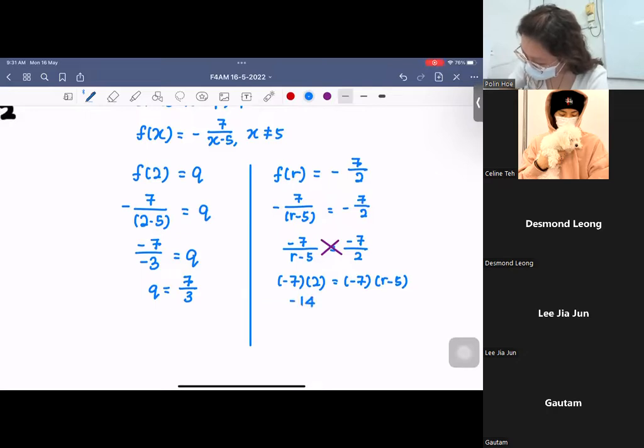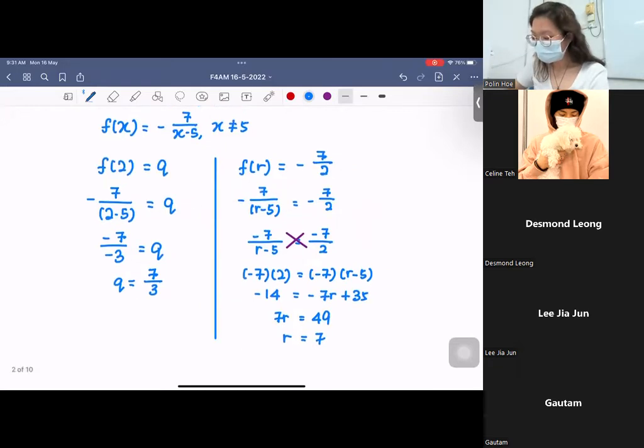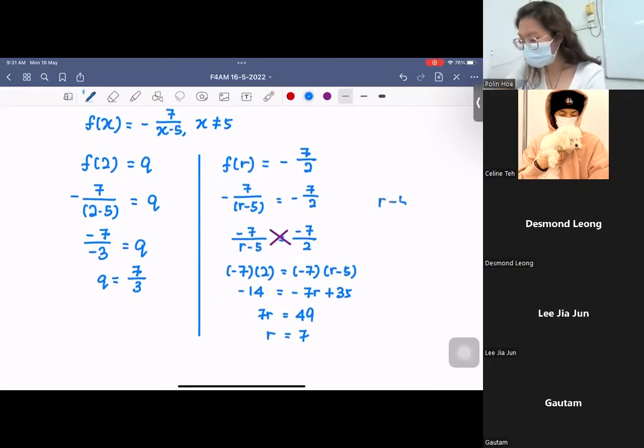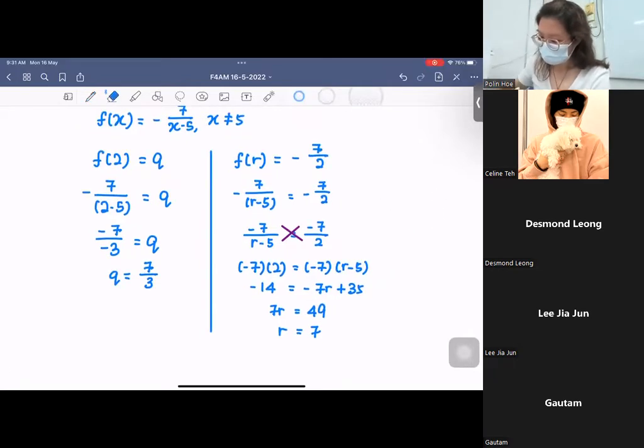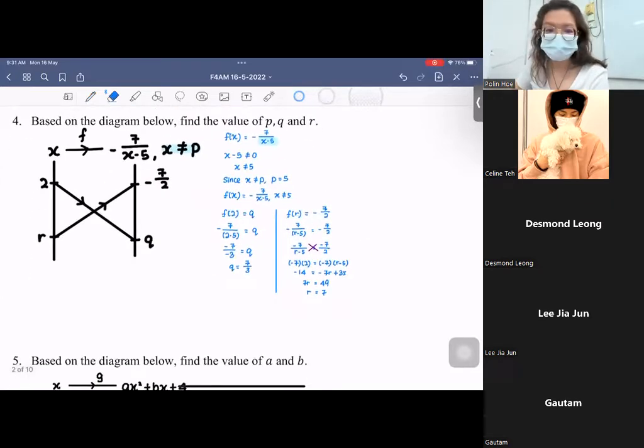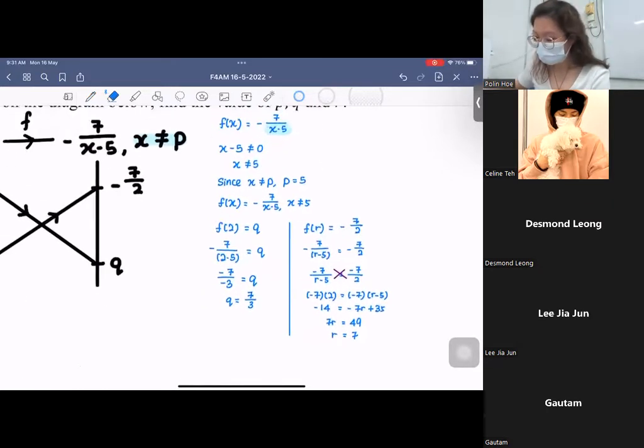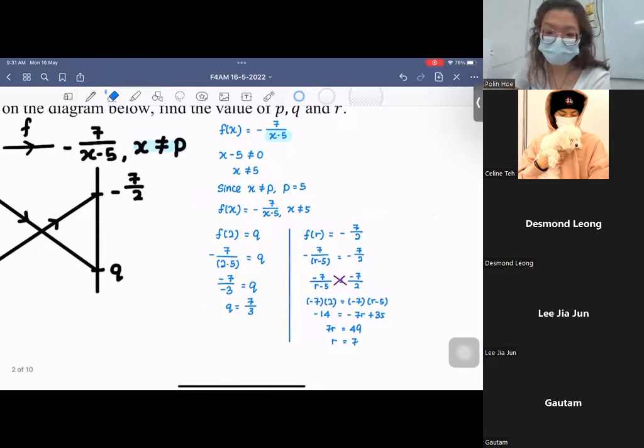Negative 14 equals to negative 7R plus 35. 7R equals to 49. R equals to 7. Or just now, R minus 5 equals to 2, R equals to 7. Still the same. This question is maybe level 2. Level 2 only, my friend.